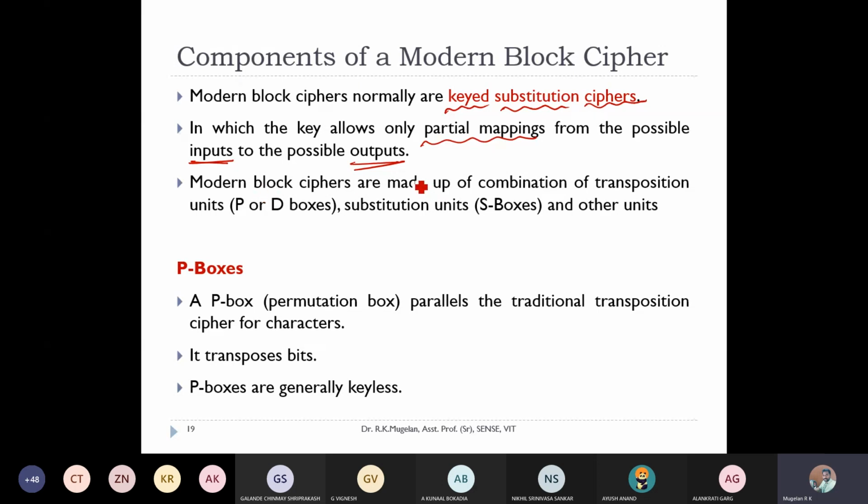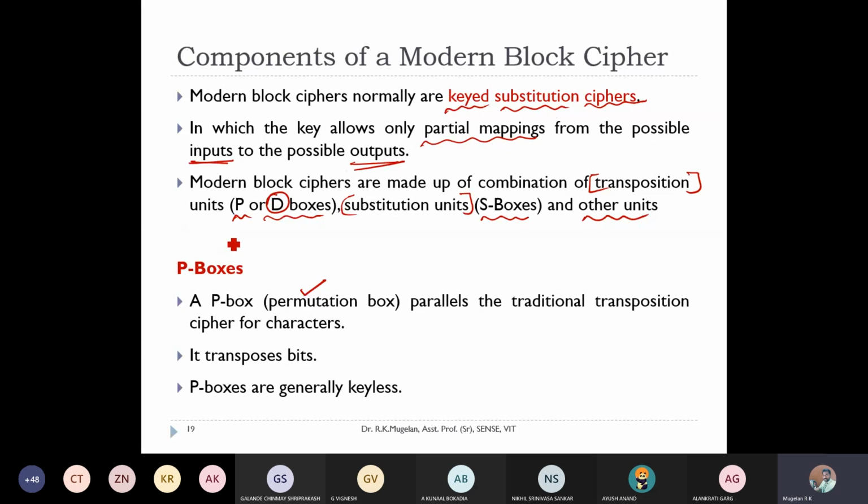The components will have transposition units, substitution units, and some other units also. The transposition unit is called a P-box or a D-box, and the substitution unit is called an S-box. In P-box, the letter P stands for permutation, whereas the letter D stands for diffusion. We'll see why the name diffusion comes in the upcoming classes. As of now, if I say P-box, it is going to perform a transposition cipher.